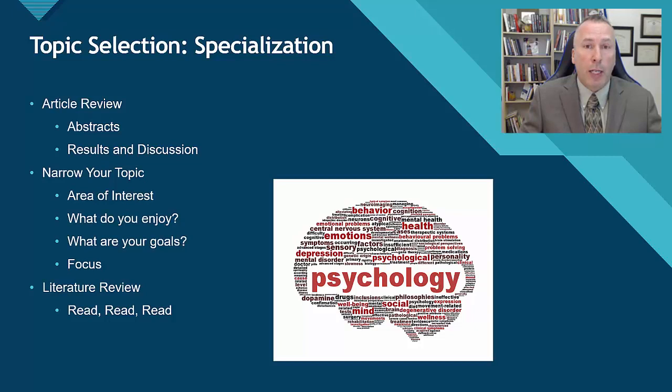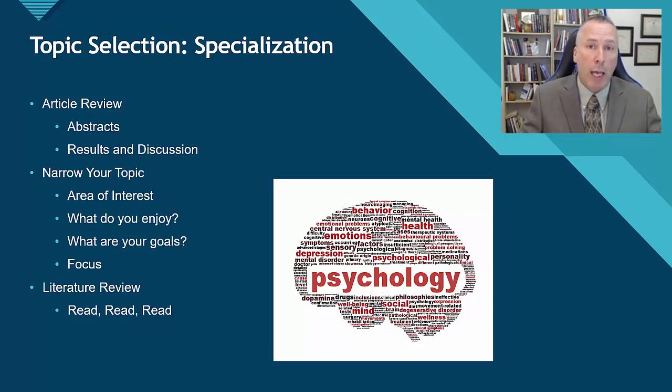The first step of the process that I would recommend is to review articles. As an example, if I was interested in why people get burned out in the workplace, what I would start doing is reading some of the literature, at least reviewing it. Maybe not reading entire articles, but I want to review some information first just to get a better idea where my topic might be headed, whether it be for a literature review or all the way up to perhaps a research project.